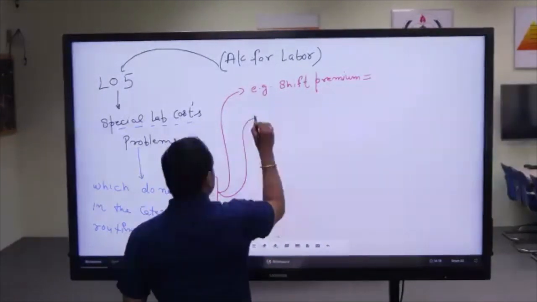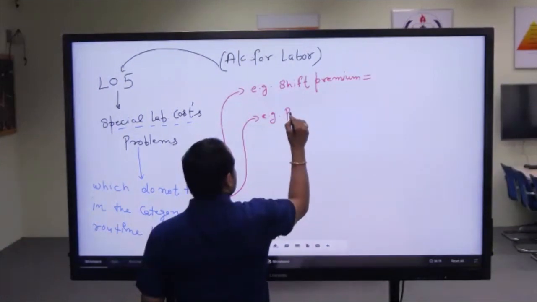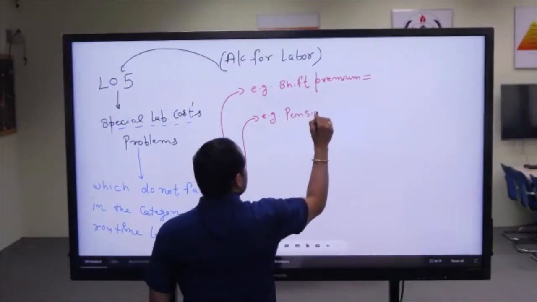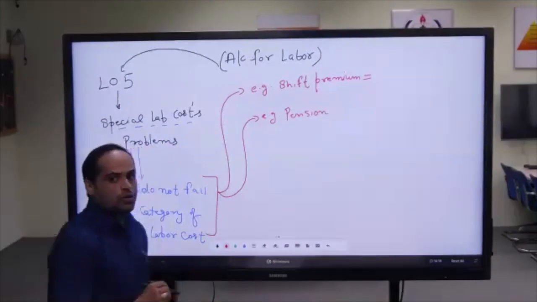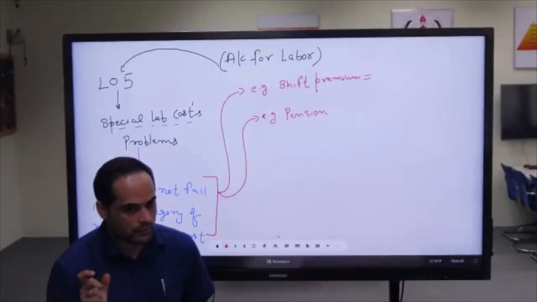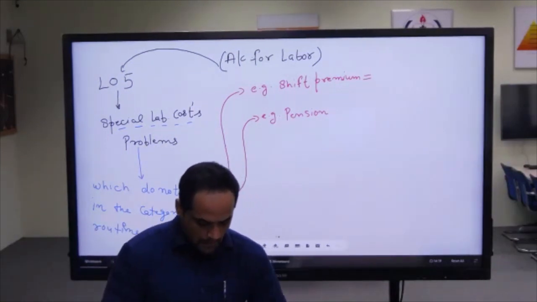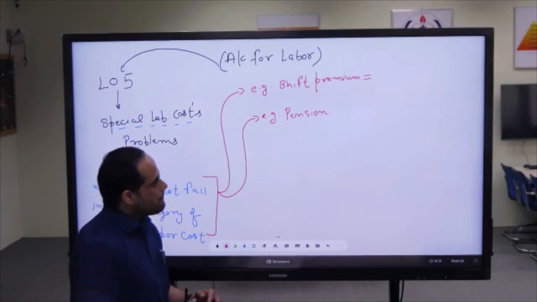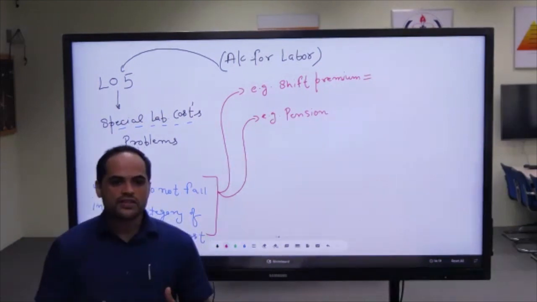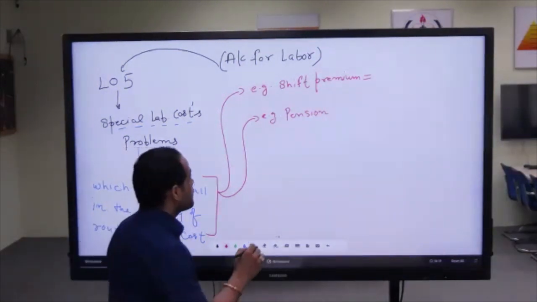Next is pension. So what does it mean, pension? I hope you know this word pension, or maybe you heard it somewhere previously. Now, what does pension mean? Pension means a promise to pay money to the worker after retirement, all right?